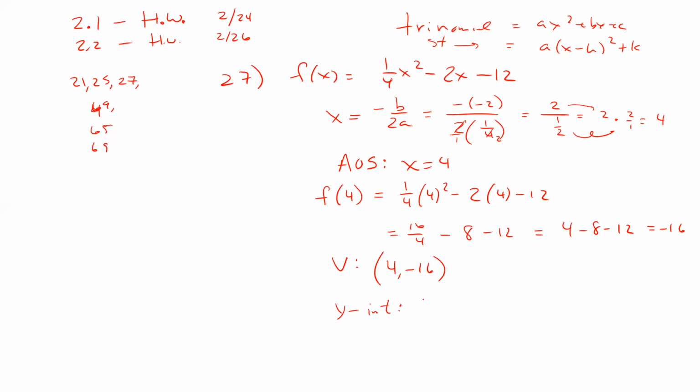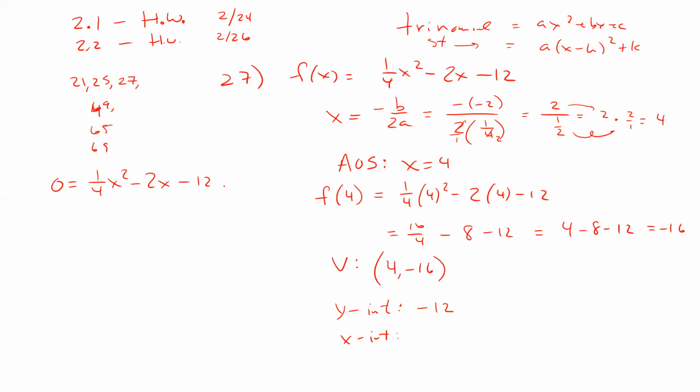Negative 12. Yeah, negative 12 is just 0 plugged in here. So trinomial form gives you the y-intercept right away. There is some work to do with the x-intercepts. What we do here is we make that whole equation equal to 0. And that's why we learn our factoring rules. We've got to solve that.